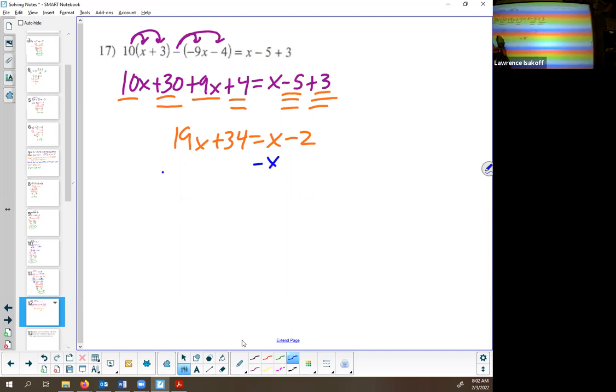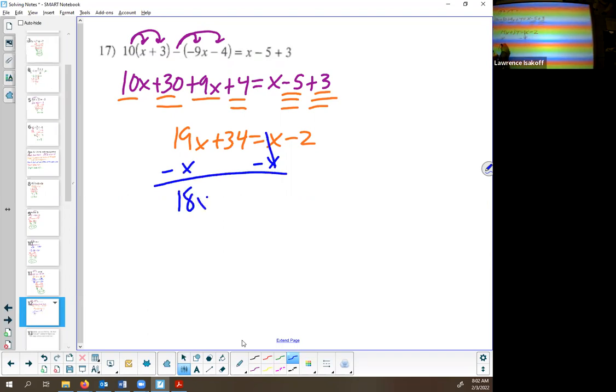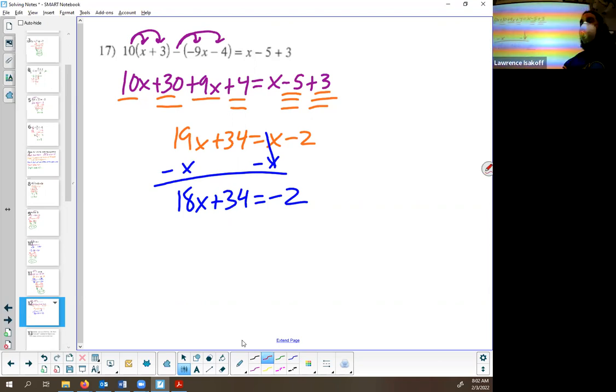So I'm going to subtract x from both sides, giving me 18x plus 34 is equal to -2. Now, what am I going to do now that this looks a lot easier? Subtract 34.